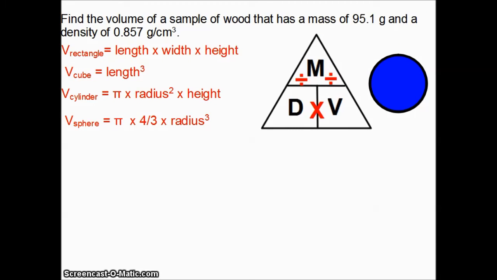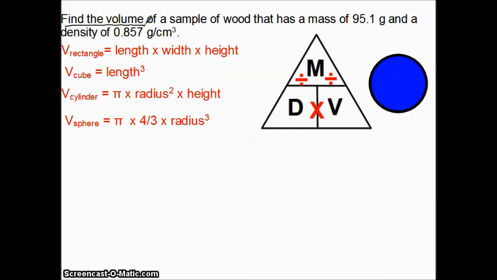All right, so in this problem it says we want to find the volume. So that's really our question there, is that we want to find the volume of a sample of wood that has a mass of 95.1 grams and a density of 0.857 grams per cubic centimeter.